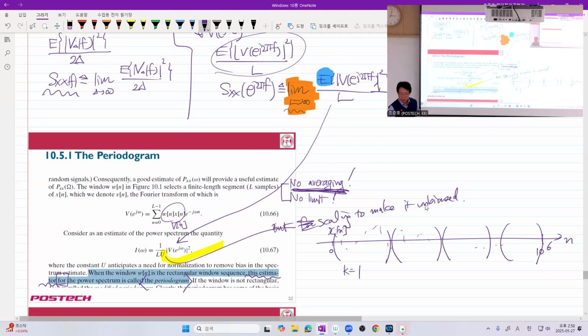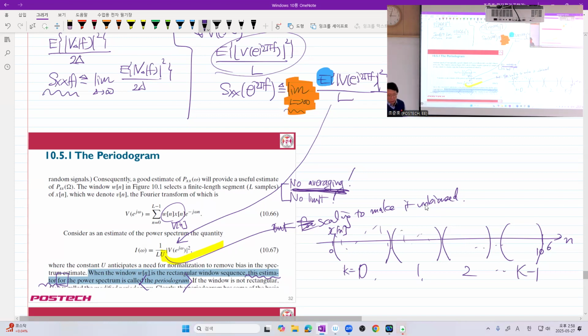first, let me use zeros, and first, second, and capital K minus 1th segment. And what we do is that we compute the periodogram by using this smaller segment. And we find periodogram using this smaller segment. But what we do is that we average the periodograms.